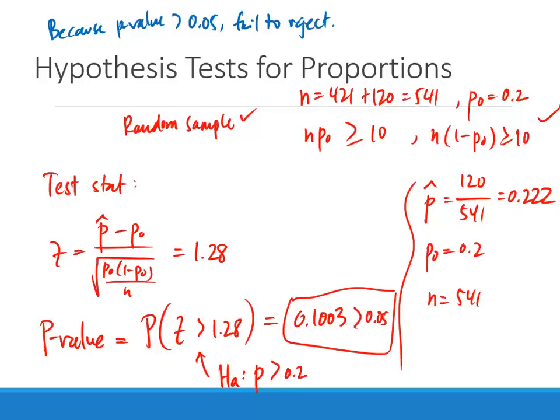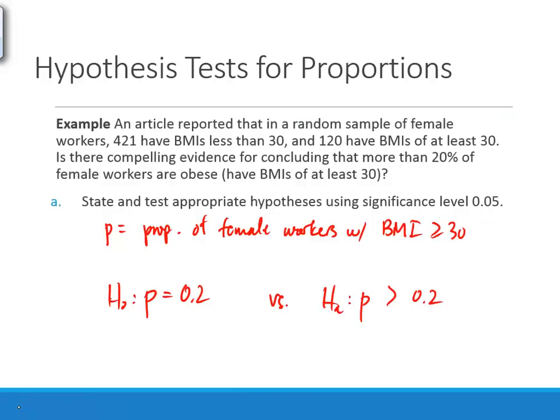And so then what does that mean in this case? Does anyone want to try to interpret that for me? So I failed to reject in this example. What does that mean? There's not enough evidence to say that there's a higher proportion than 0.2. Yes, exactly right. Very nicely done, Matt.